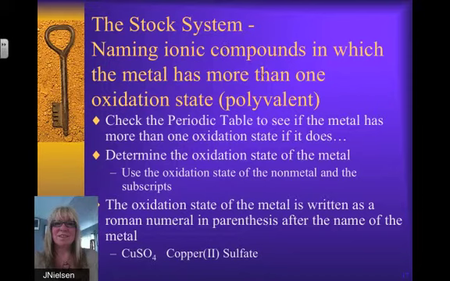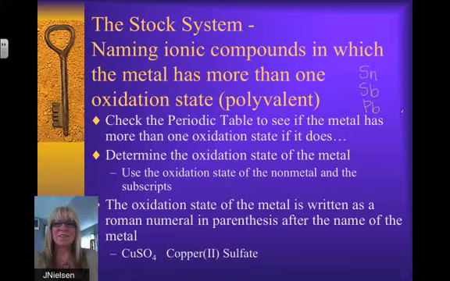Remember, if you have an element that has more than one positive oxidation state, these are typically found in groups 3 through 12, but there are some exceptions outside of those groups, and that would be tin, antimony, and lead. These are found outside group 12.